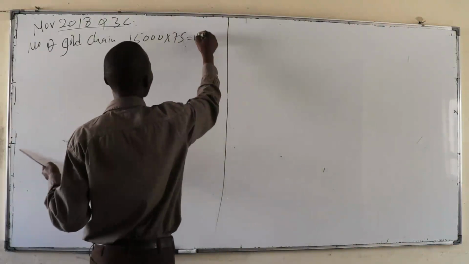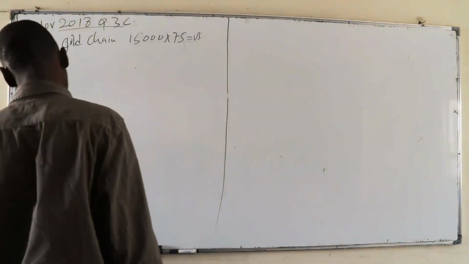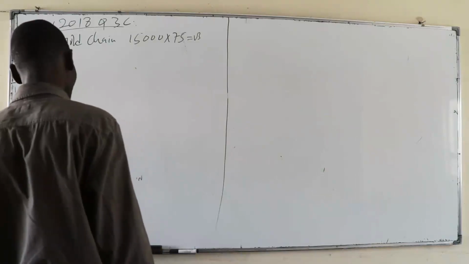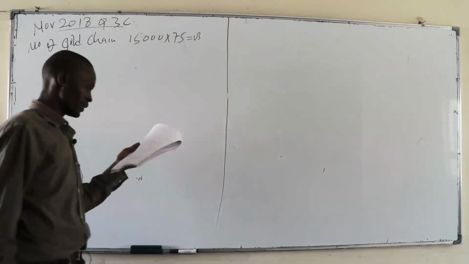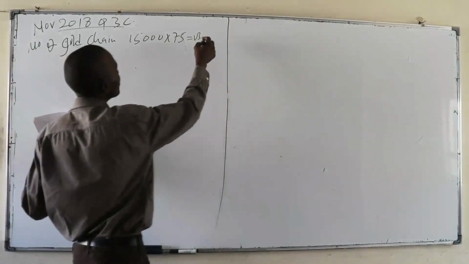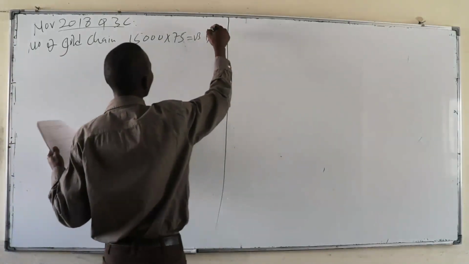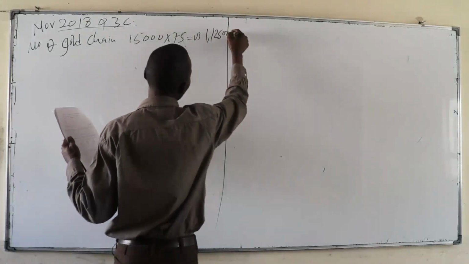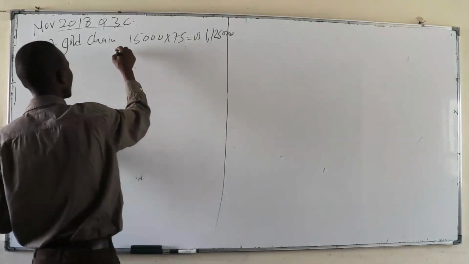How many US dollars did he spend? 1,125,000. Now convert that into Kenyan shillings.